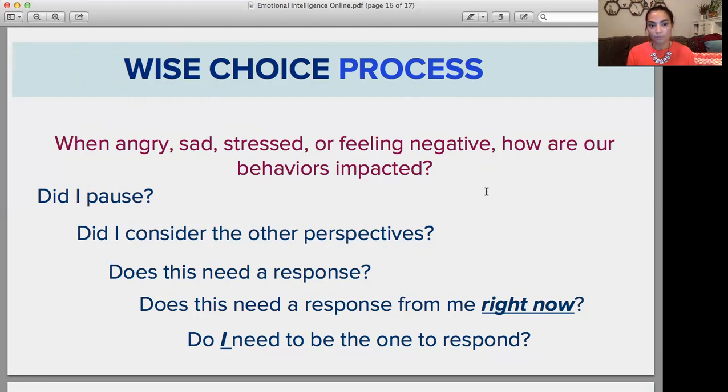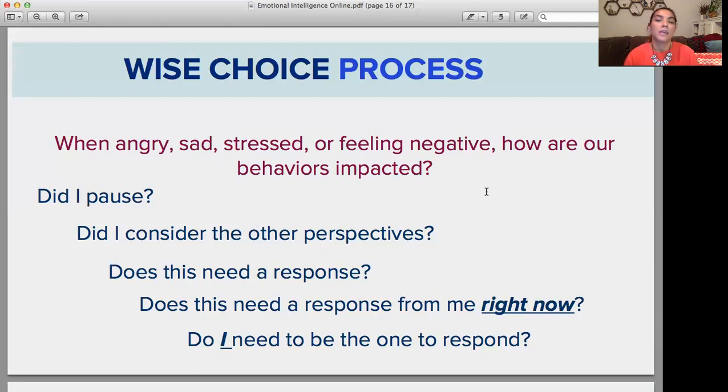Get slow, quiet. We ask ourselves, did I consider the other perspectives of the other person, or did I consider any other perspectives that I may have about this difficult test? Maybe another perspective is that I tried really hard. I studied. Maybe that's a perspective. Okay. Does this need a response?